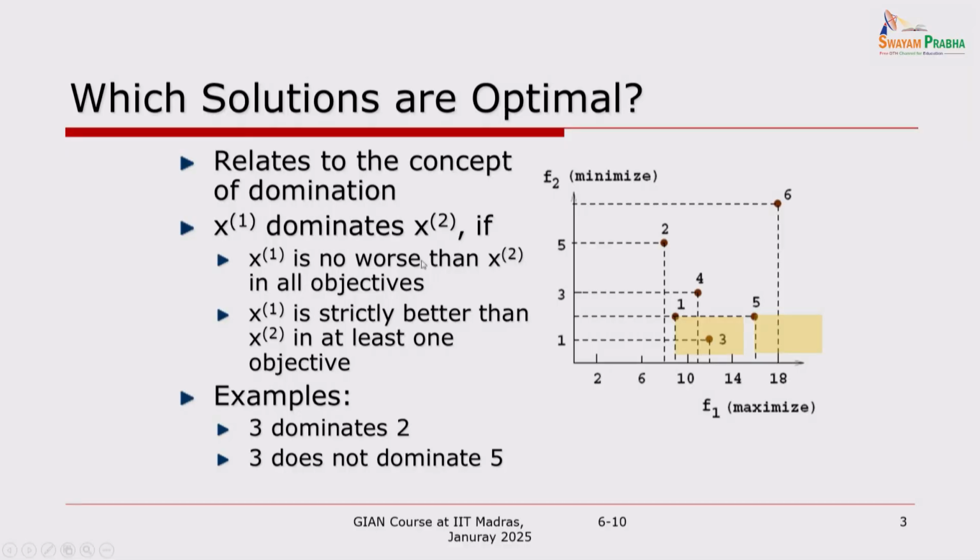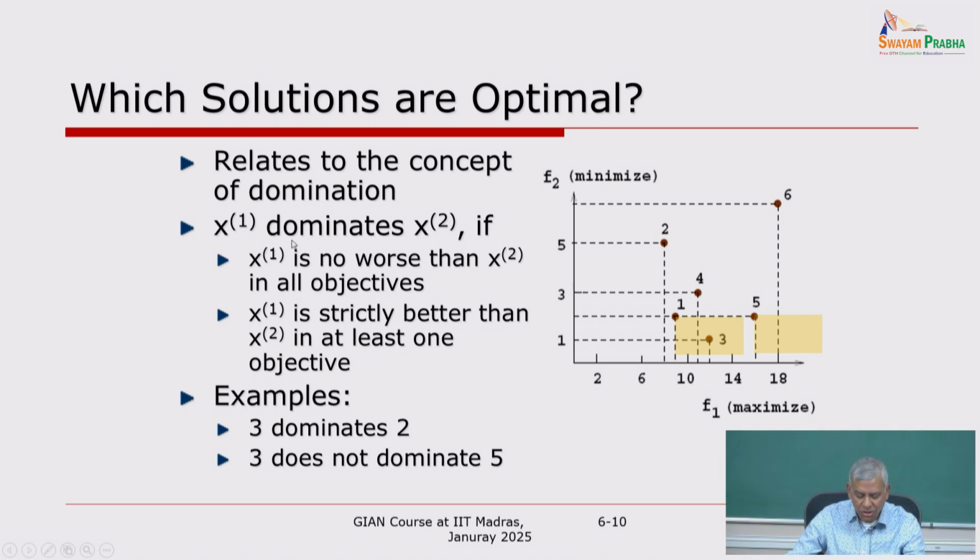So the first thing is this definition of domination, which we already talked about. This word domination is coined by the evolutionary people, so it is not there in the classical sense, but it's basically the same: x1 dominates x2 means x1 is better than x2.